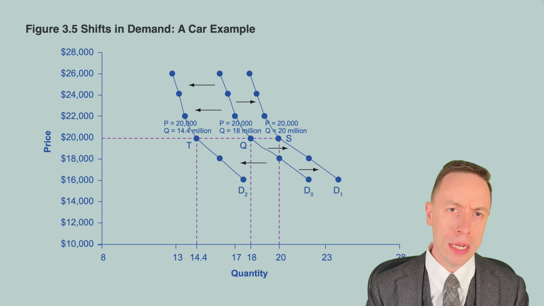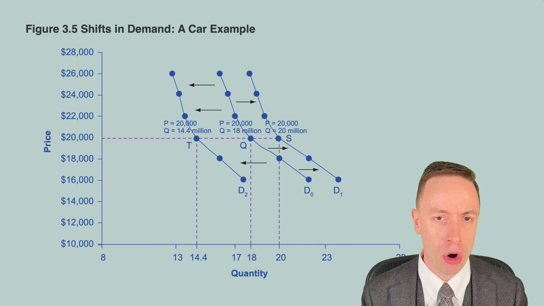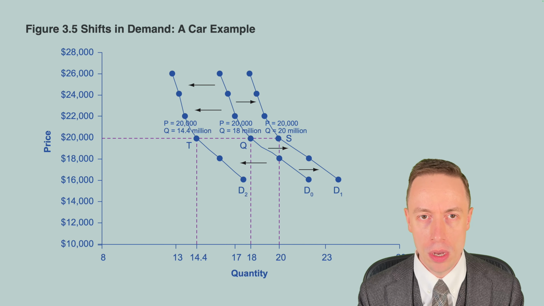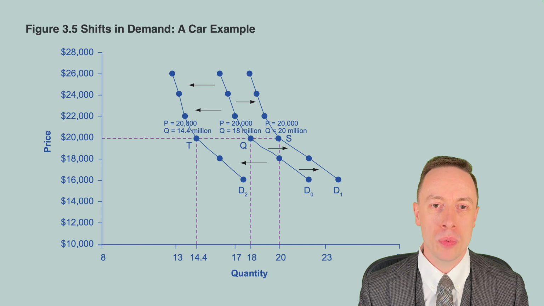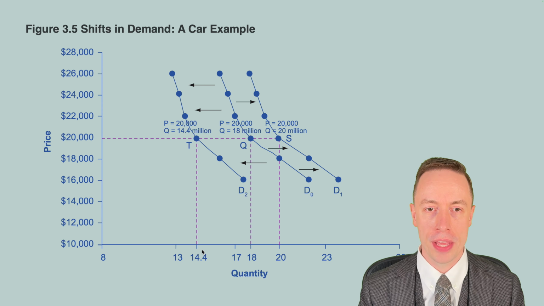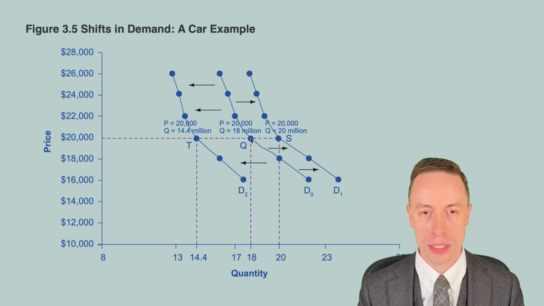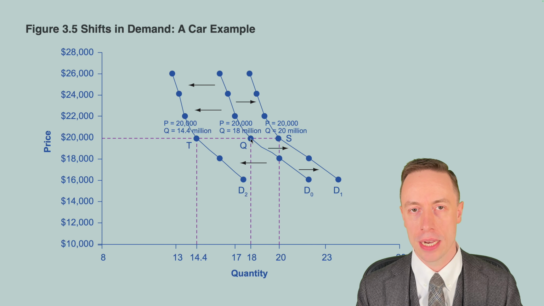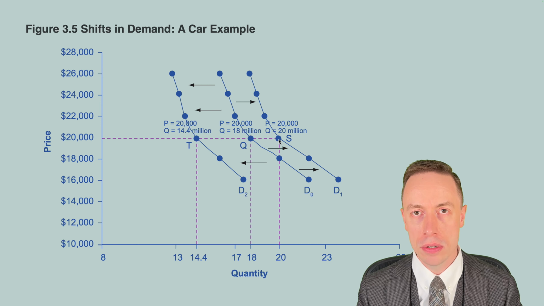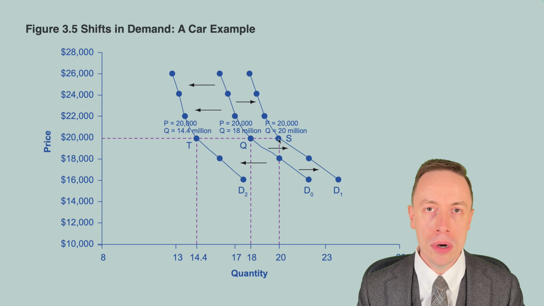Now, there is one small oddity to how we shift these demand curves. On account of the fact that we track quantities on the x-axis, when the demand for a product increases, we end up with a demand curve that's to the right of the original.